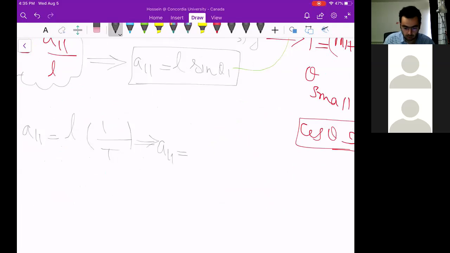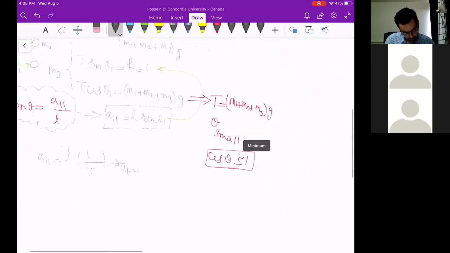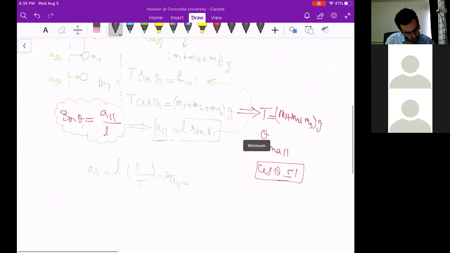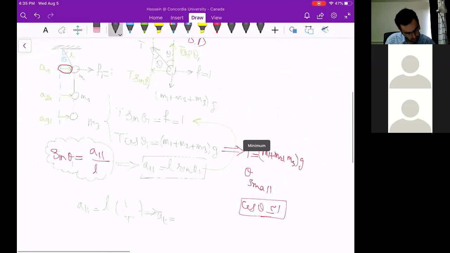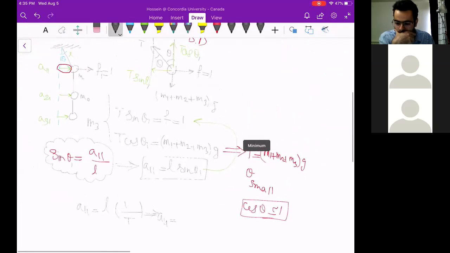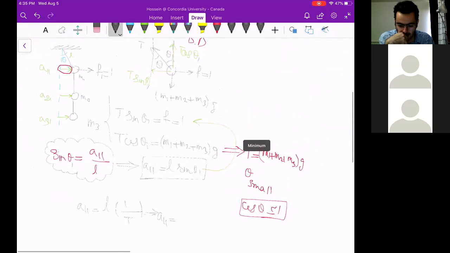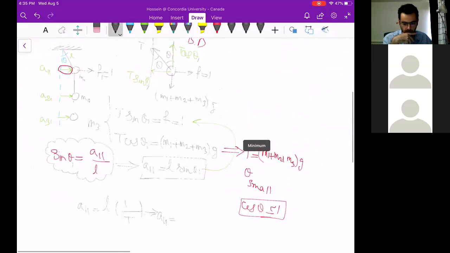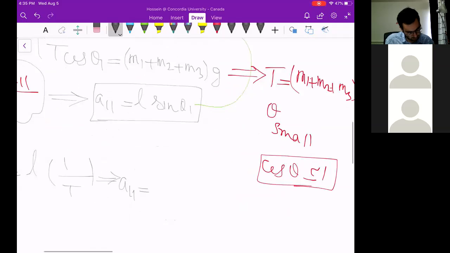So therefore, A11 is L over T, which is L over (M1 plus M2 plus M3)g.